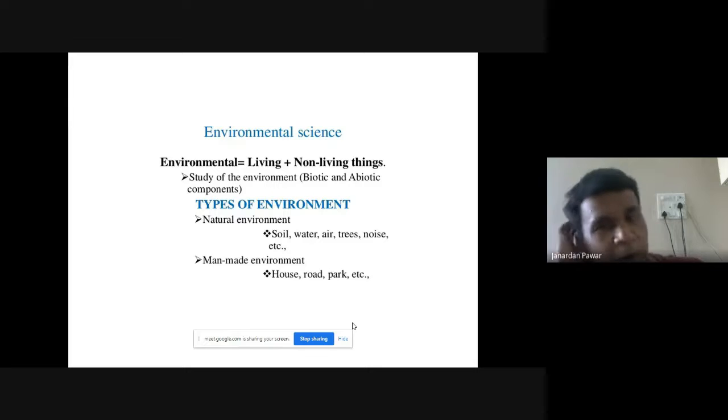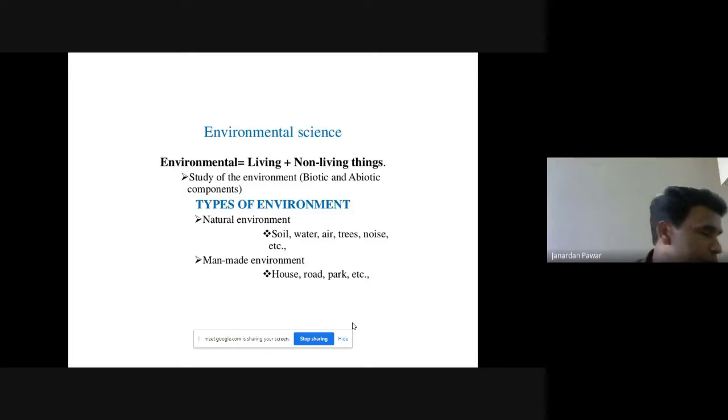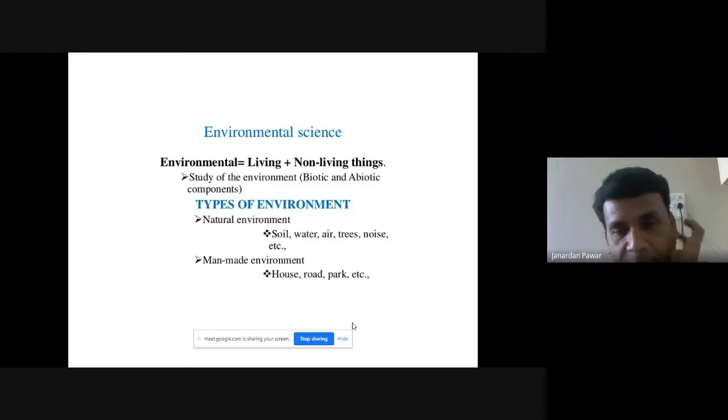So the concept of environmental science we have seen, and this environmental science includes living and non-living things. Those can also be called biotic and abiotic components. We have seen what the biotic components are and what the abiotic components are. We have also seen the types of environment.